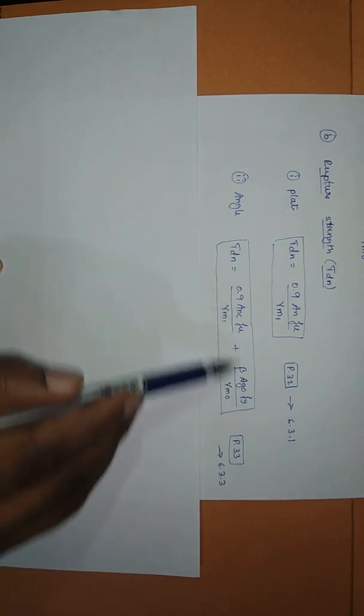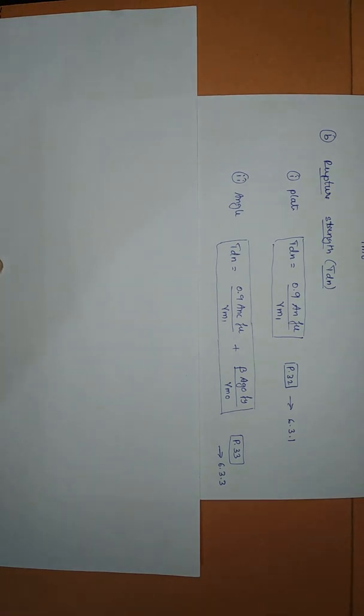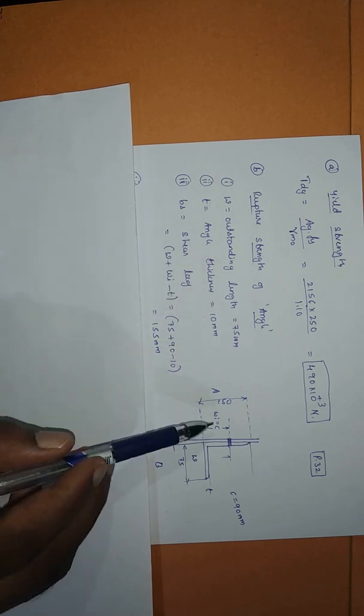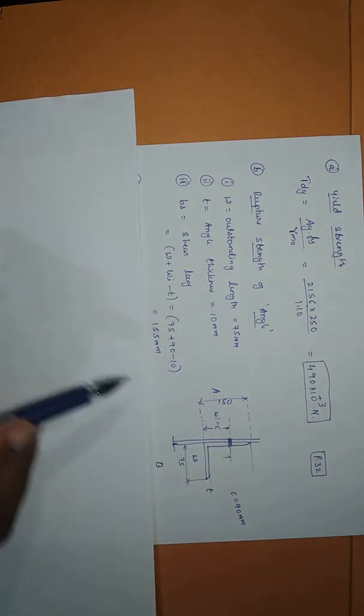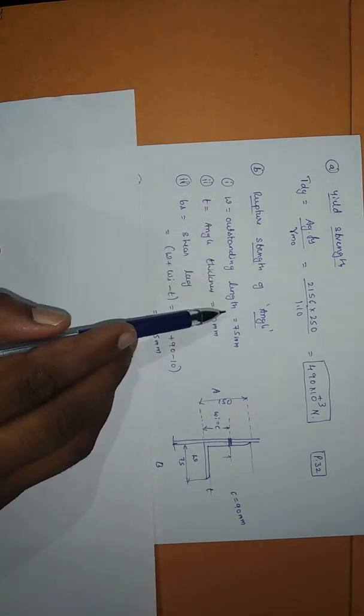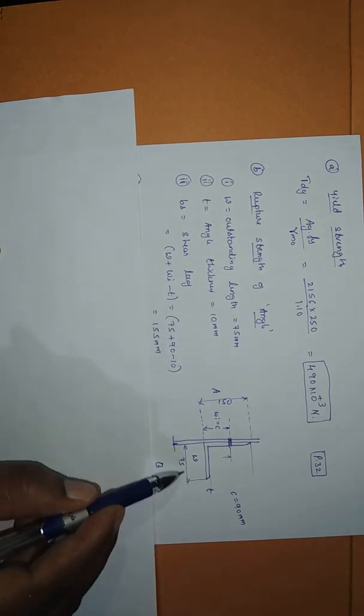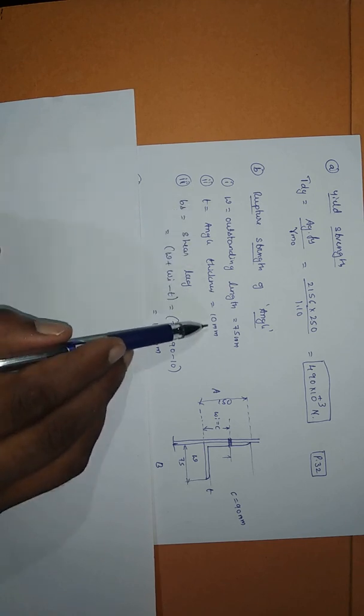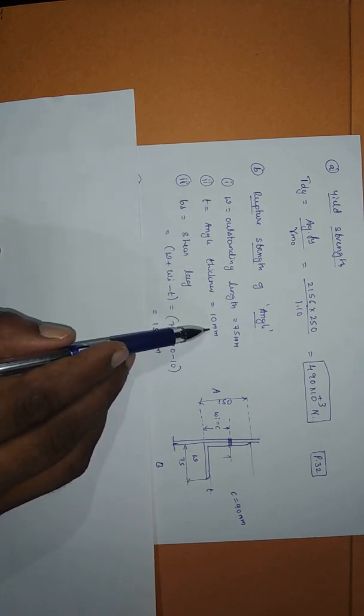Let us start with the coefficients. First we calculate outstanding length. For that we refer to this figure. W, outstanding length, is 75 mm. Next, angle thickness T is 10 mm, given in the steel table.